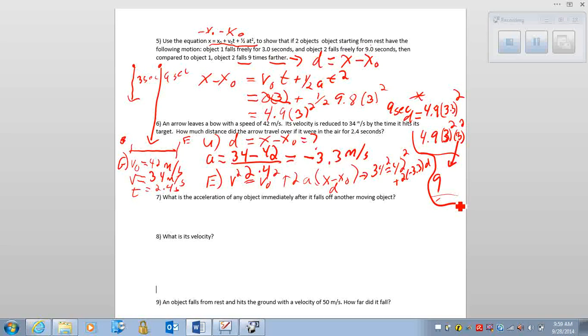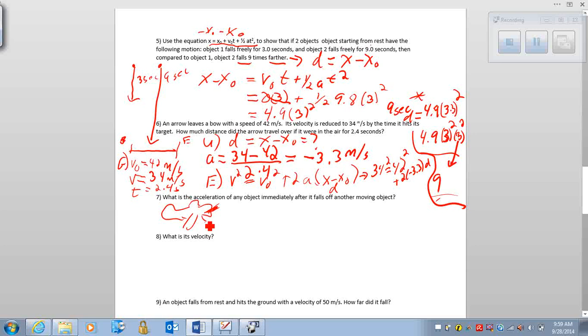So in other words, if I have an airplane, here is my little airplane here. And an object falls off of it.